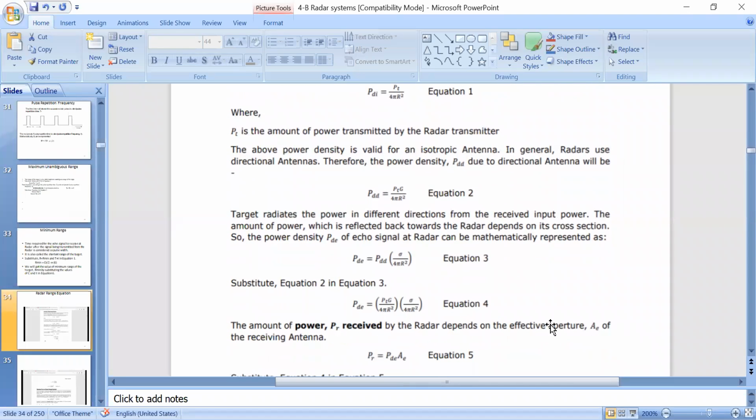We have a relation between effective aperture and received power: the received power PR equals PDE into AE, which is called equation 5.